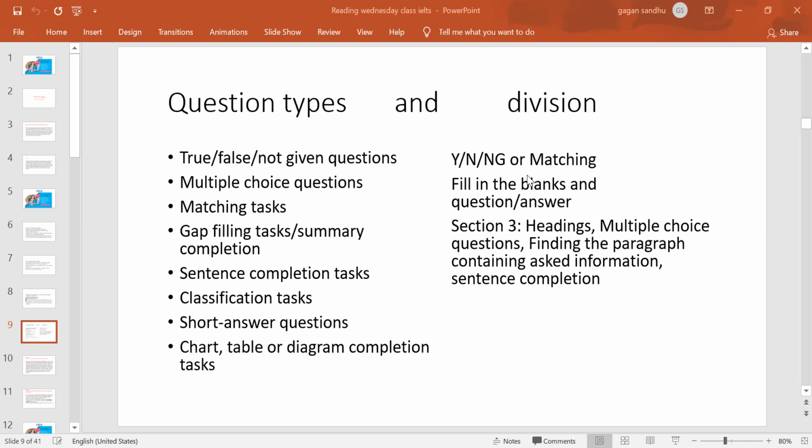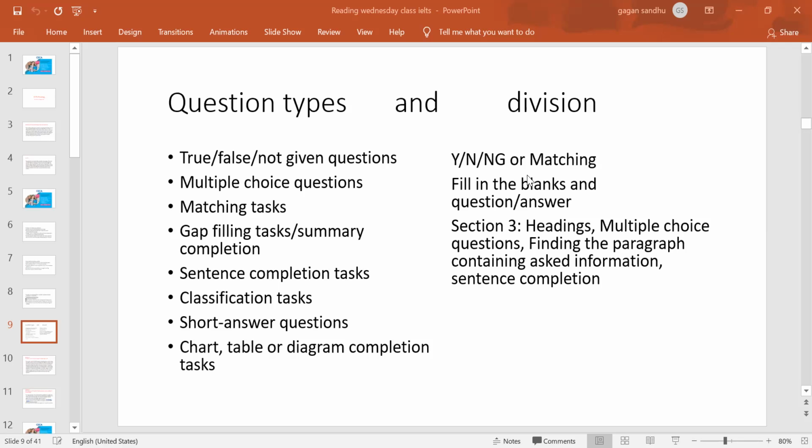Sometimes they are person-specific sentences, so maybe your answer will be his skills, her notes. These are the simpler things that you have to see with the sentence completion task. And definitely when we know it, then we will look at it, otherwise it will be a problem for us, and maybe we miss these small details and lose the mark.